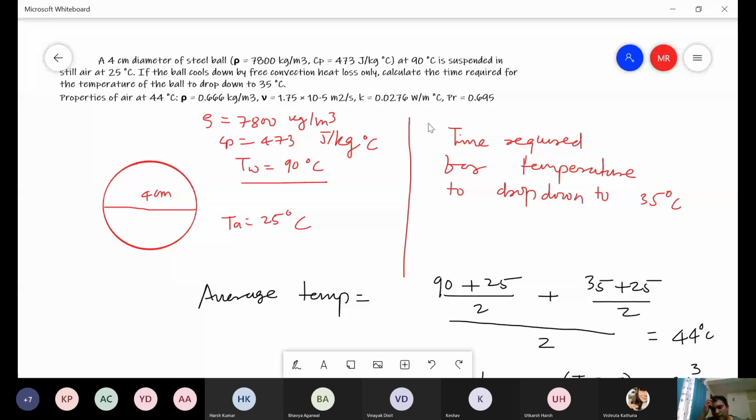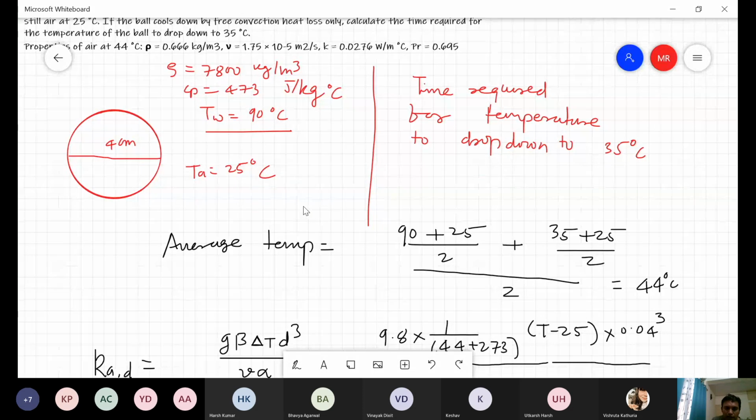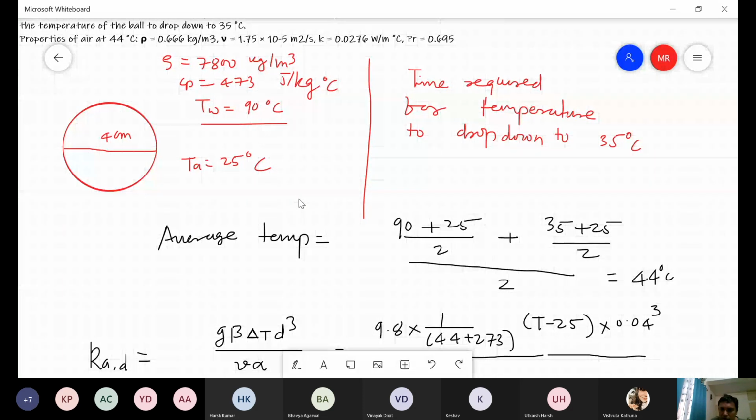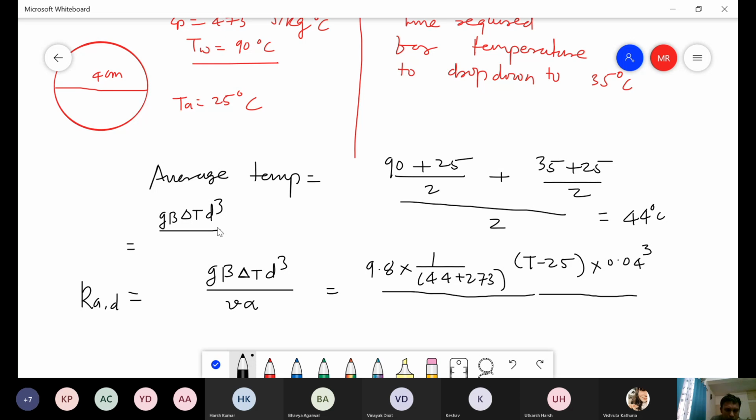So thermal diffusivity is Cp mu by K, isn't it? Sorry, that is mu by rho Cp. So you can calculate that based on the Prandtl number itself. If you rearrange this equation in terms of Prandtl number, we can write something like this: g beta delta T d cube by nu square into Prandtl number.